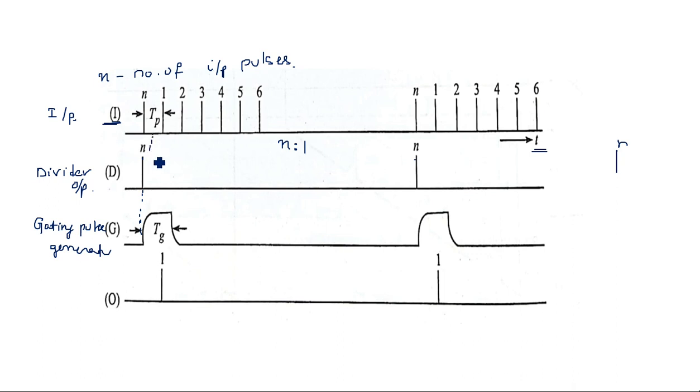In this particular duration we have only the first pulse, so that's why the first pulse is going to the output. This is the output. Again, after some time the nth pulse comes. Whenever the nth pulse is applied to the gating pulse generator, a gating pulse is generated, and at this particular point we have one, so the first pulse is going to the output. Okay, so this is the normal operation of a divider, gating waveform generator, and a sampling gate.